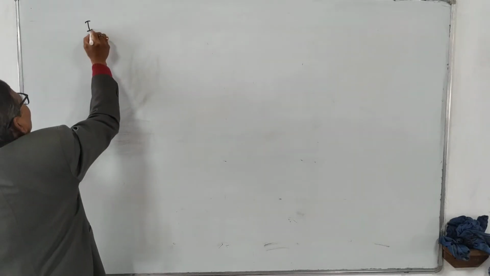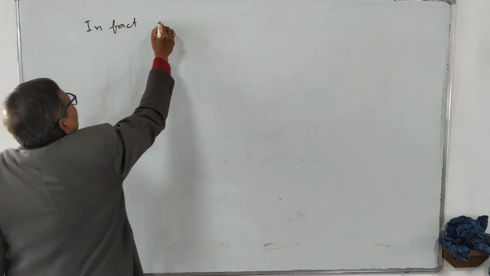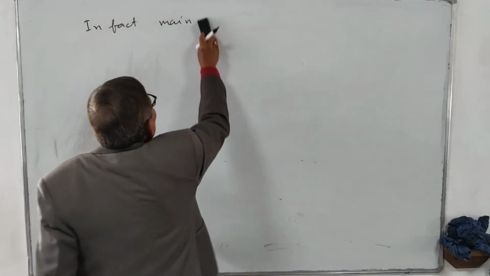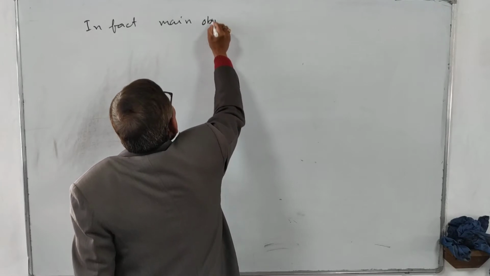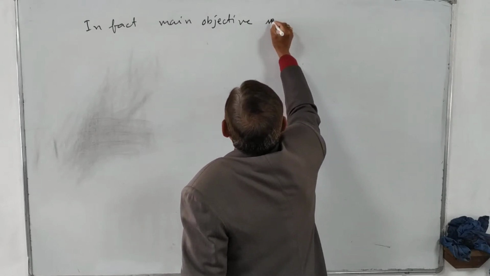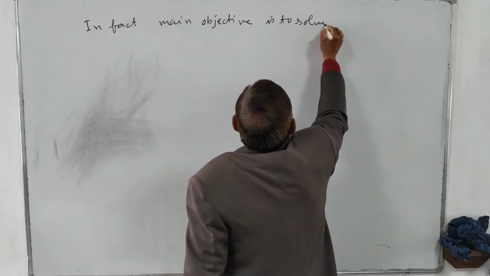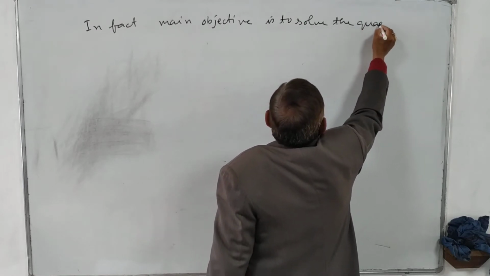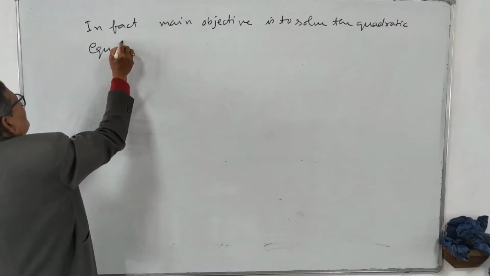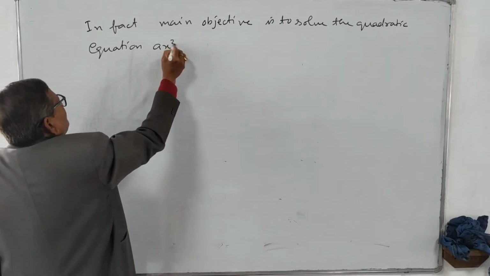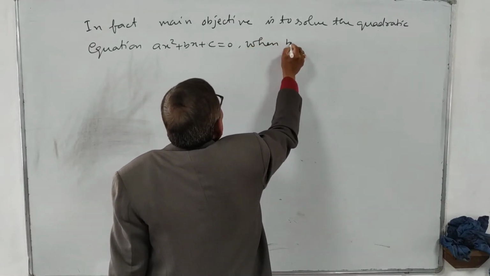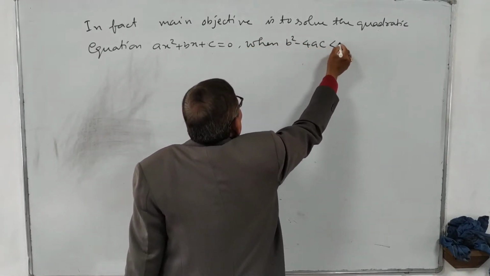In fact, the main objective is to solve the quadratic equation ax square plus bx plus c equal to 0 when b square minus 4ac is less than 0.